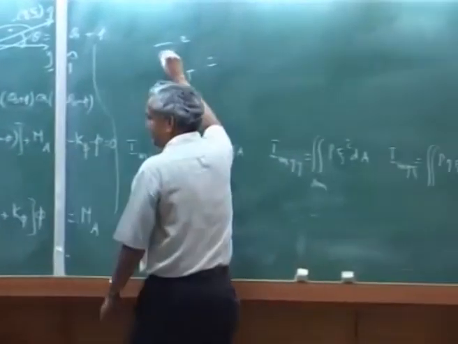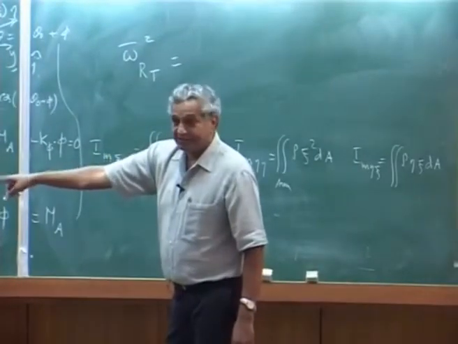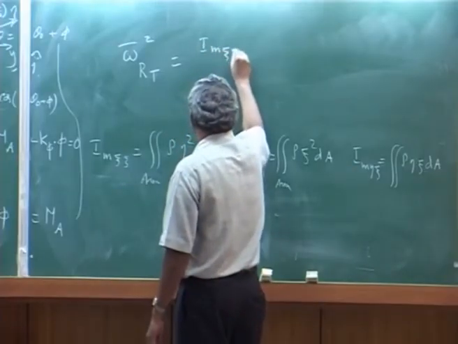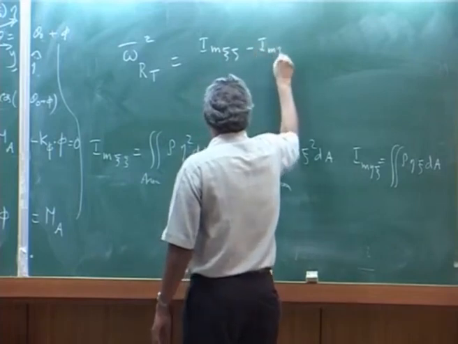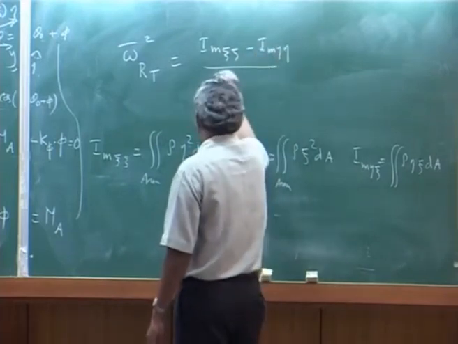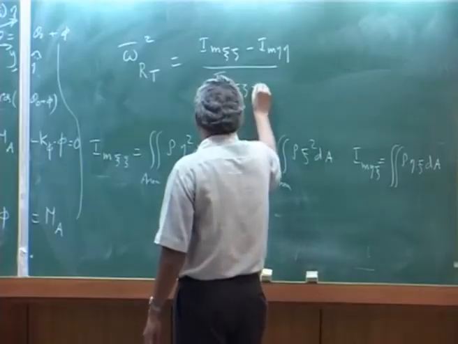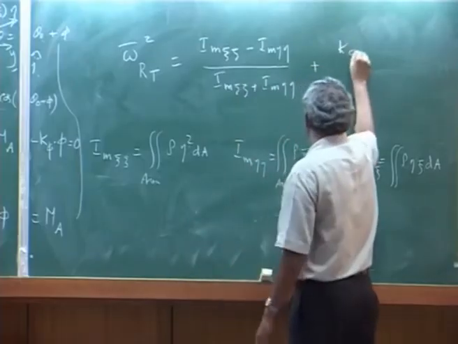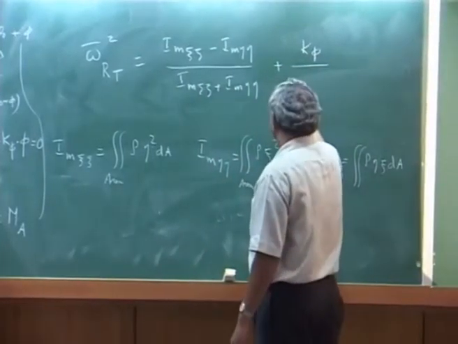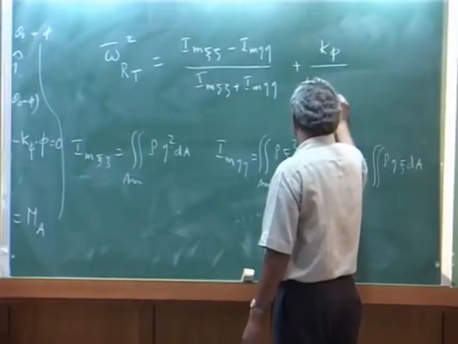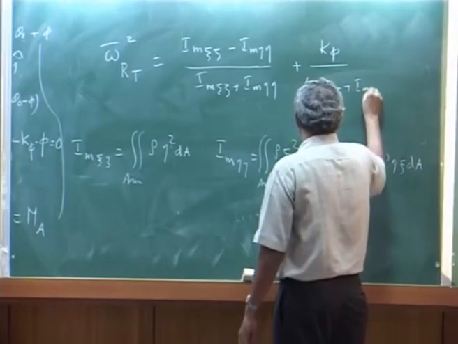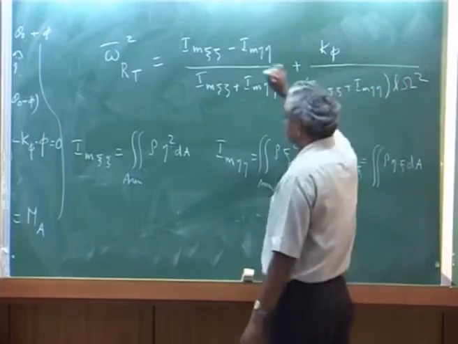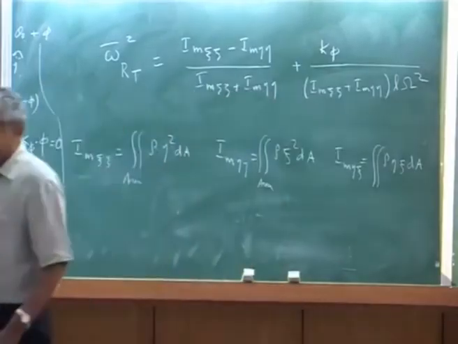So, you put a non-dimensional, then L omega square will cancel out. You will have I m minus I m eta eta over I m plus I m plus k phi over I m psi psi plus I m eta eta L omega square.